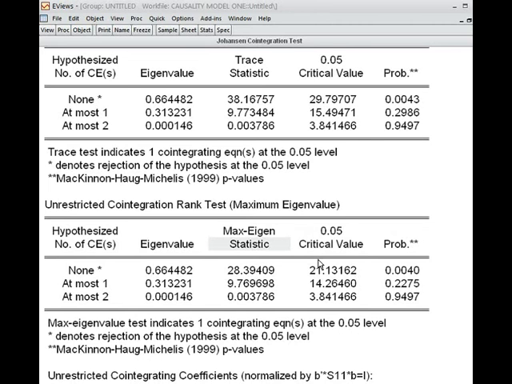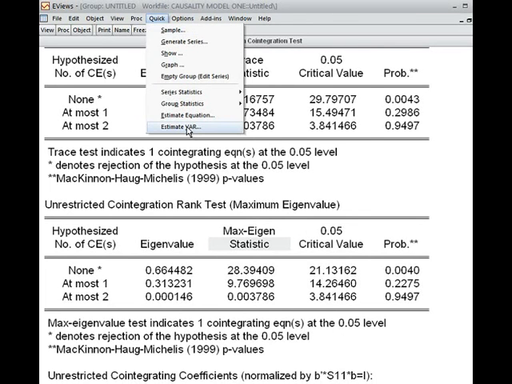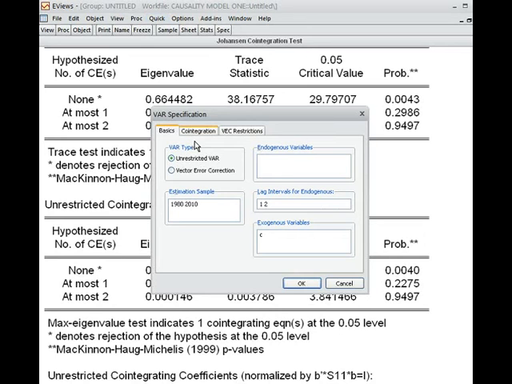Okay, so our three variables are cointegrated, so we can easily run the vector error correction model, and that we shall do now. So I go to quick estimate VAR, then I write the variables.